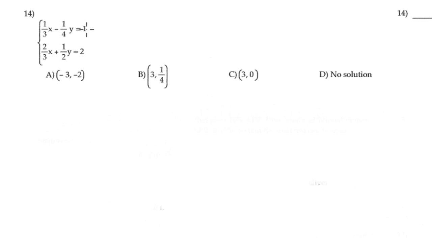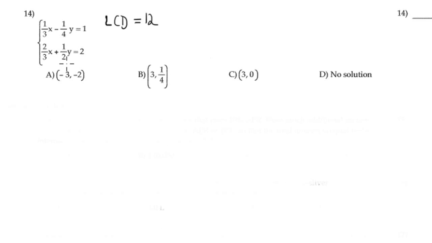Okay, 14 is a system of equations that contains coefficients and fractions. You always eliminate the fractions. So, for example, the least common denominator in the first equation is 12. It's the multiplication of 3 and 4.